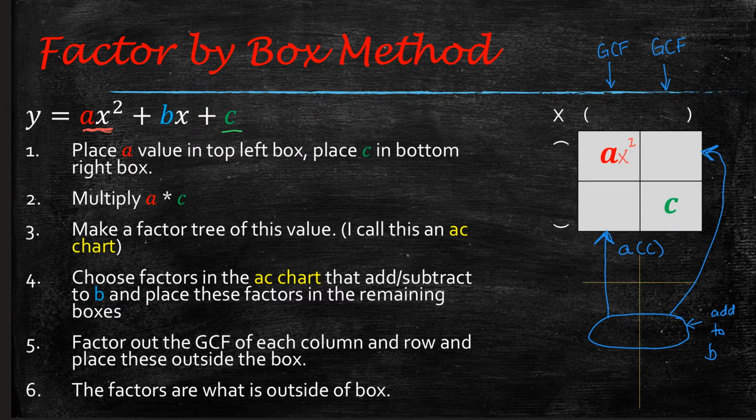Okay, you're also going to look for the GCF for each row, and that's going to go in these positions. And what is on the outside of your box is now your factors. And this should make sense to you because this is how we talked about multiplying polynomials. But we're just going backwards and trying to get the factors on the outside.